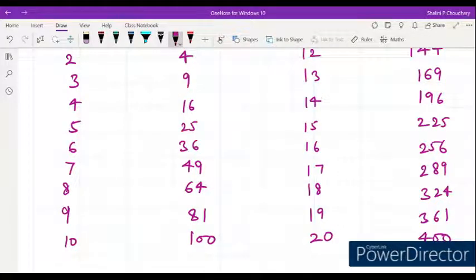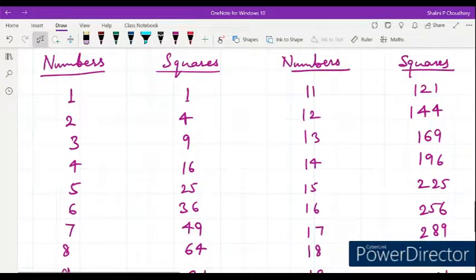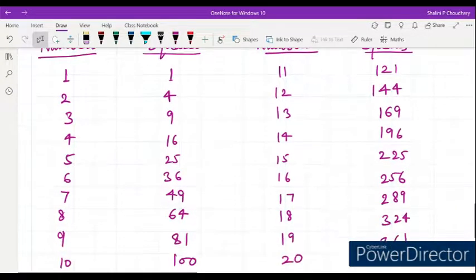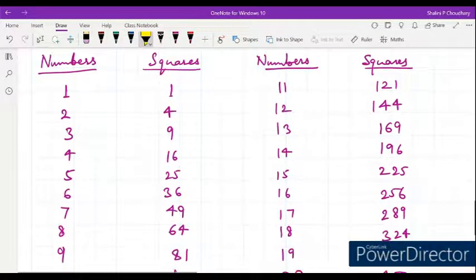Right? Now we'll see some more numbers, but before that, first of all we'll discuss this one. When the ones place of a number is 1, we also get 1 at the ones place of its square. In 11 the ones place is 1, so in the square also we'll get 1 at the ones place.